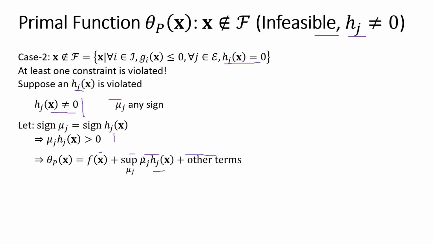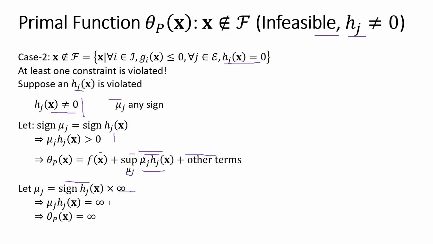So what's the highest value of mu j hj of x when we adjust mu j? We let mu j equal infinite, but with the same sign as hj, so that mu j hj becomes equal to infinite. So the maximum value of mu j hj, supremum, is infinite. Hence, theta p of x is also equal to infinite.